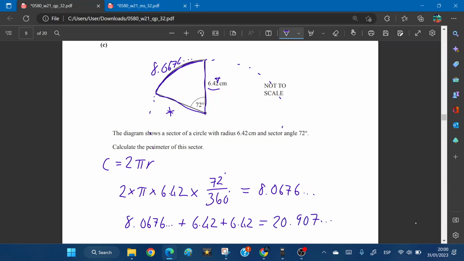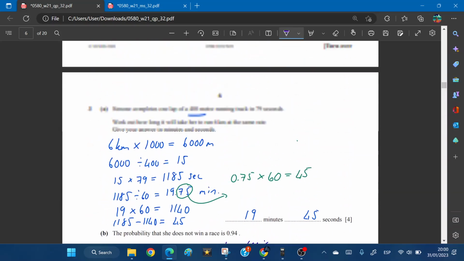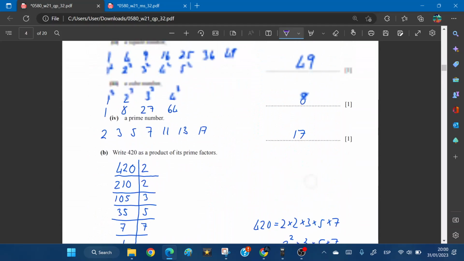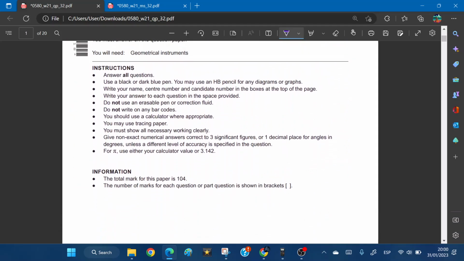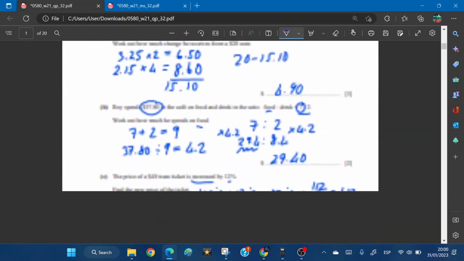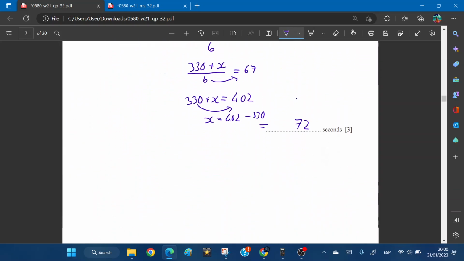Right, that's beautiful. You can write it on the line, but I think at the beginning of the paper it said, give non-exact numerical answers correct to 3 significant figures. So 3 significant figures.